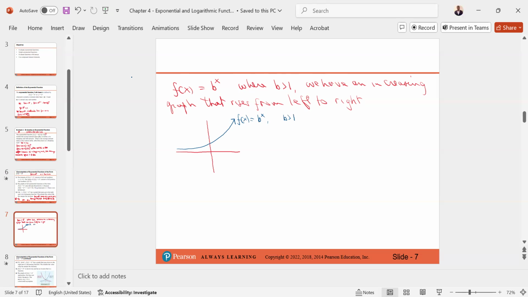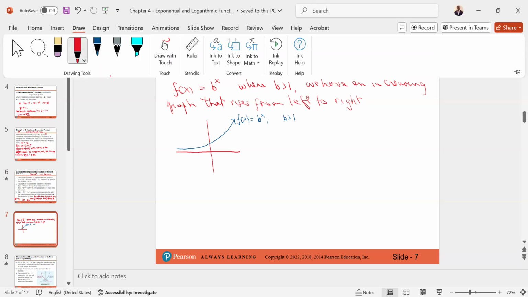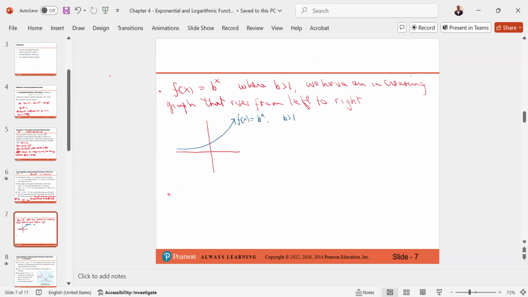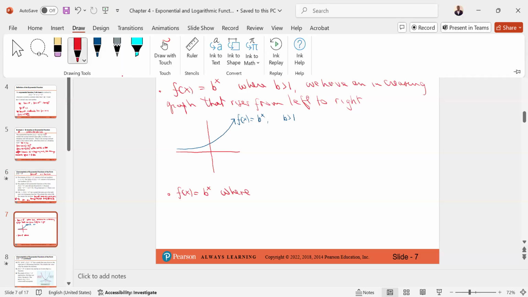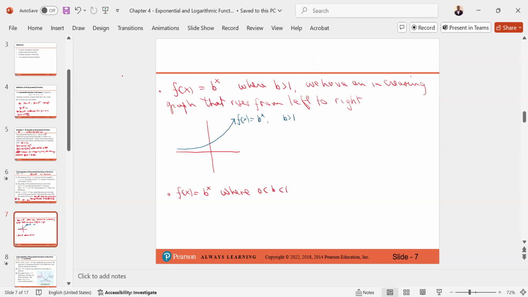Now if we have f of x equals b power x, where b is between 0 and 1, we have a decreasing graph that falls from left to right.